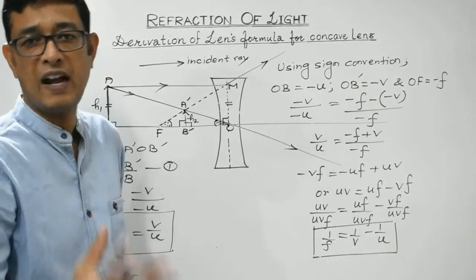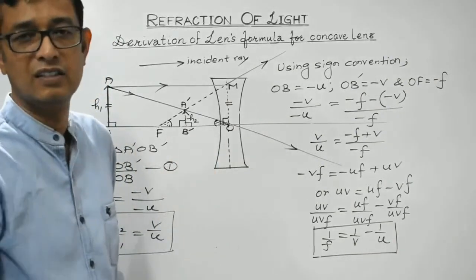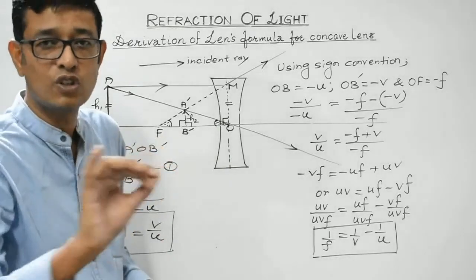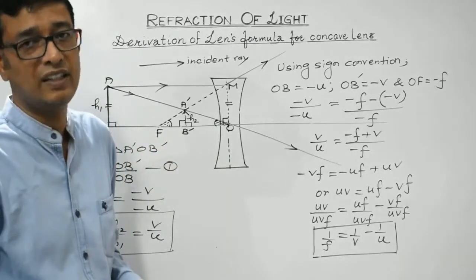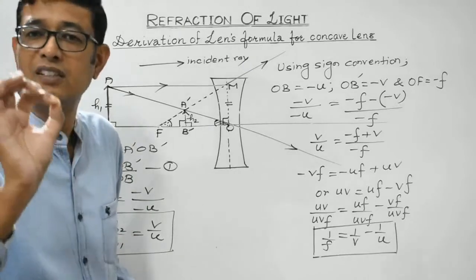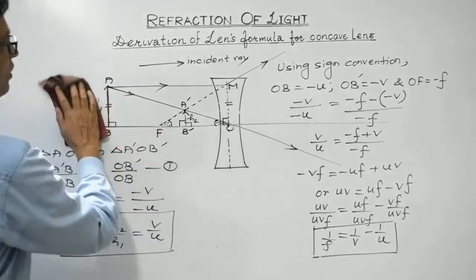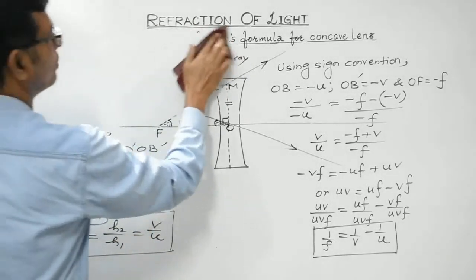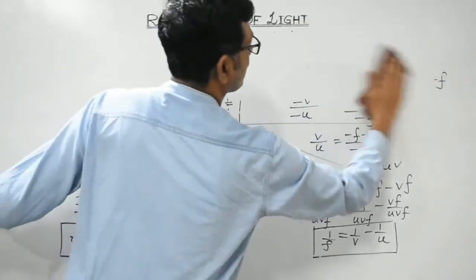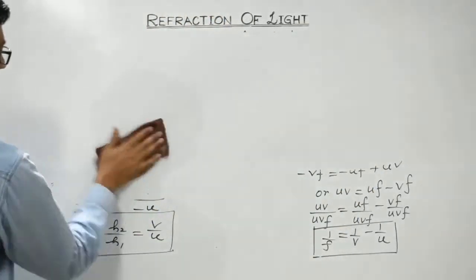Before we start with the numericals based on lens equation and linear magnification, let's recapitulate some important facts between mirrors and lenses. Students, there shouldn't be any sort of confusion between mirrors and lenses. Every concept should be crystal clear. So let us revise those topics so that you don't get confused.